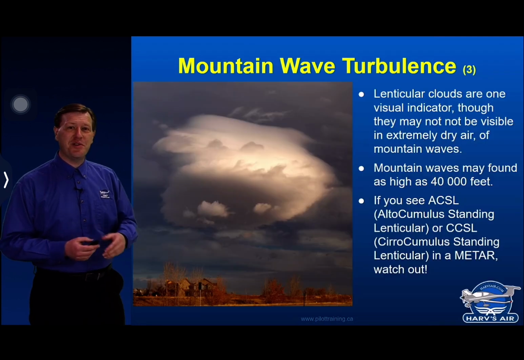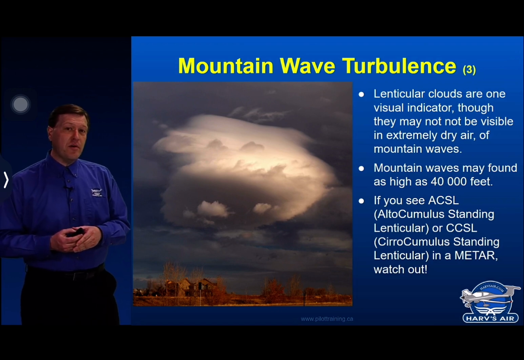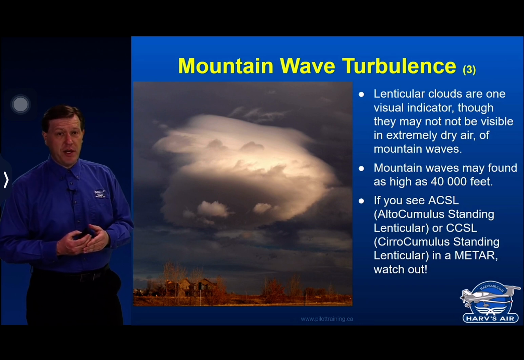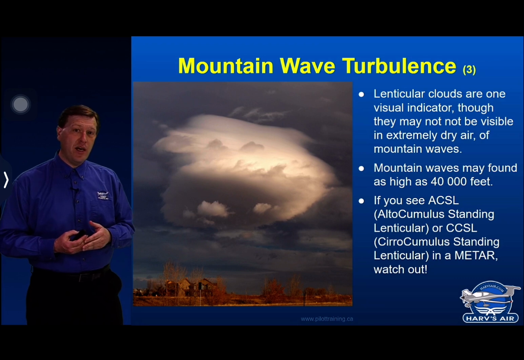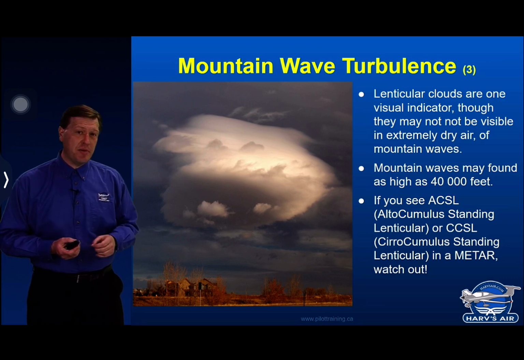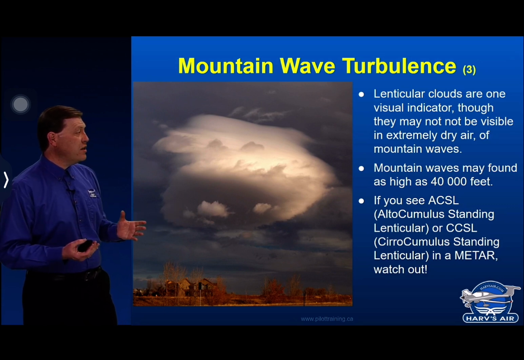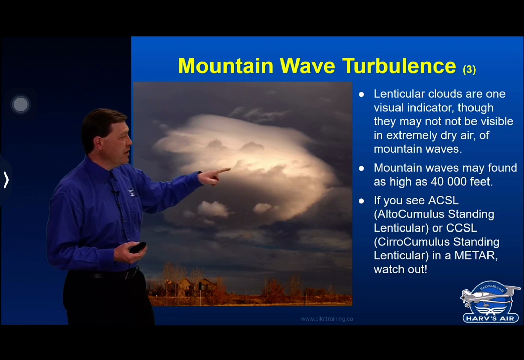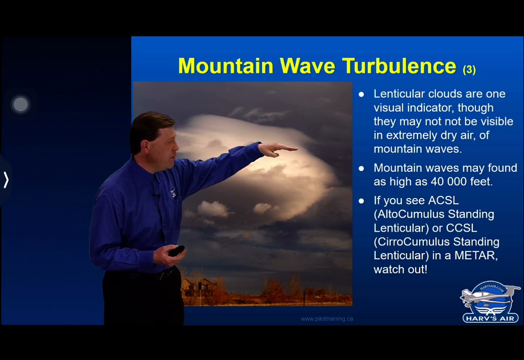Okay, let's look a little bit at mountain waves here. I told you that with mountains, it's nice when we actually get some clouds going, because they can tell us where these waves are or that they're actually happening. So this cloud here is what we would call a lenticular cloud. You can see how it has a base area here, and then from there, notice how it's very, very smooth.